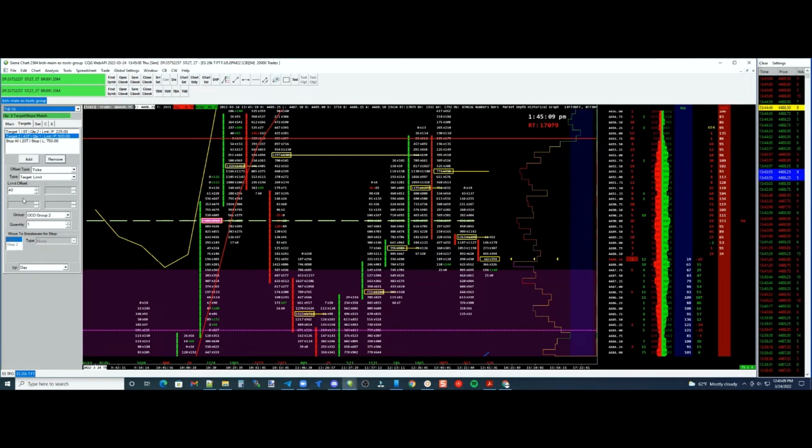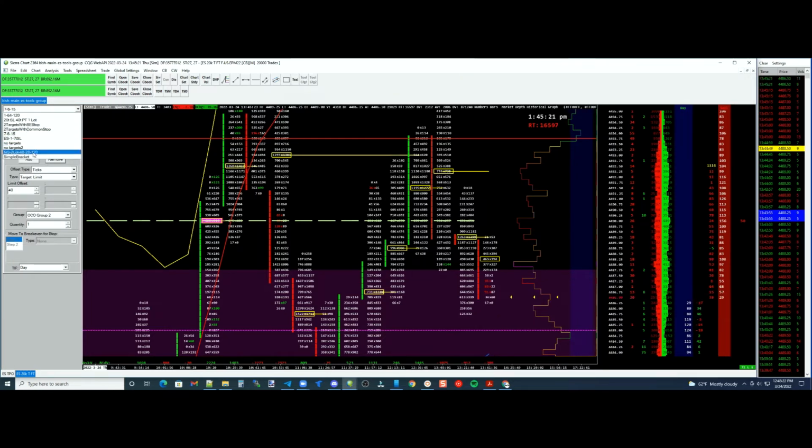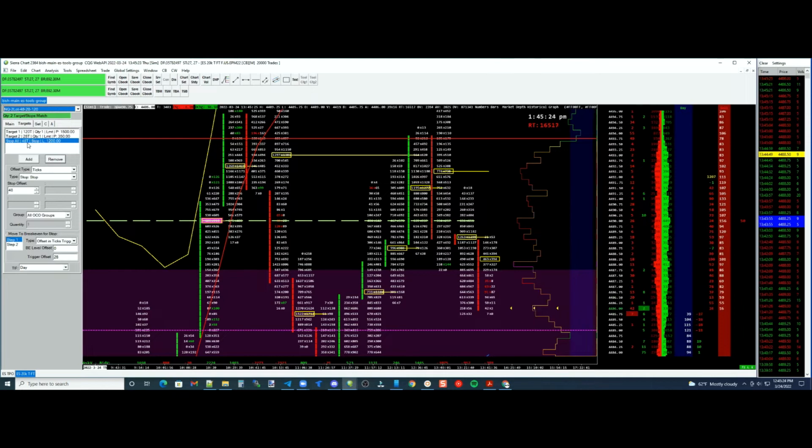So for example, this would be for ES, okay? Now for the NQ, I have a different set, right? I've got a 2 lot with a 40 tick stop, but it triggers, okay?